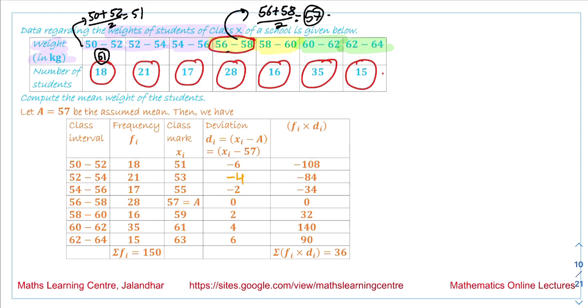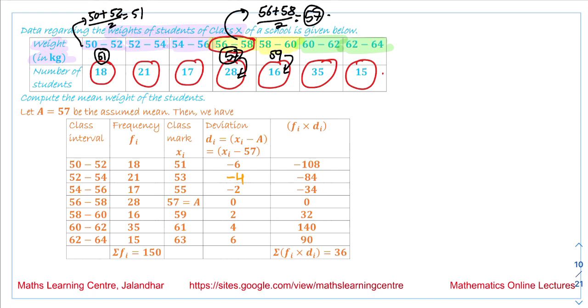So we have to multiply 57 and 28, and we have to multiply 59 and 16. These calculations will become difficult, and there are more chances of mistake. So in place of solving it with our previous method, we are solving it by using the assumed mean method.